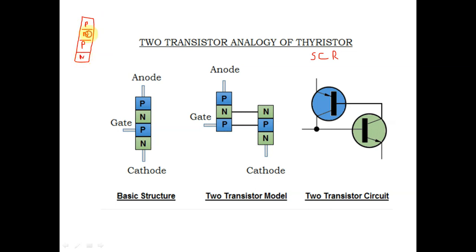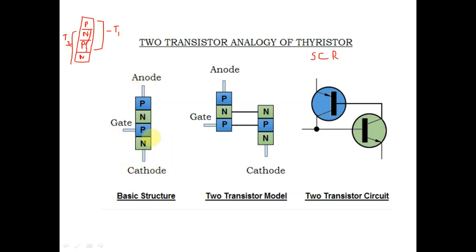This structure is divided into portions. After dividing, the first portion is the first transistor T1, and this one is the second transistor T2. So the basic structure of SCR is divided into two transistors.